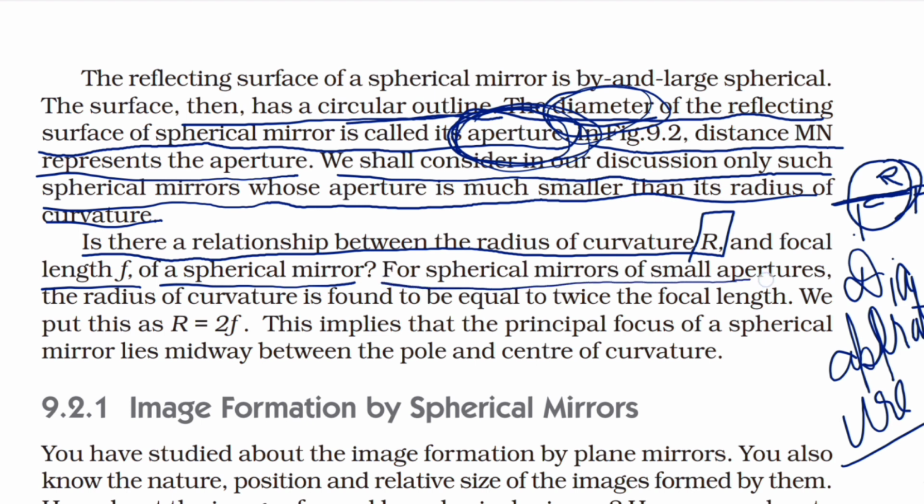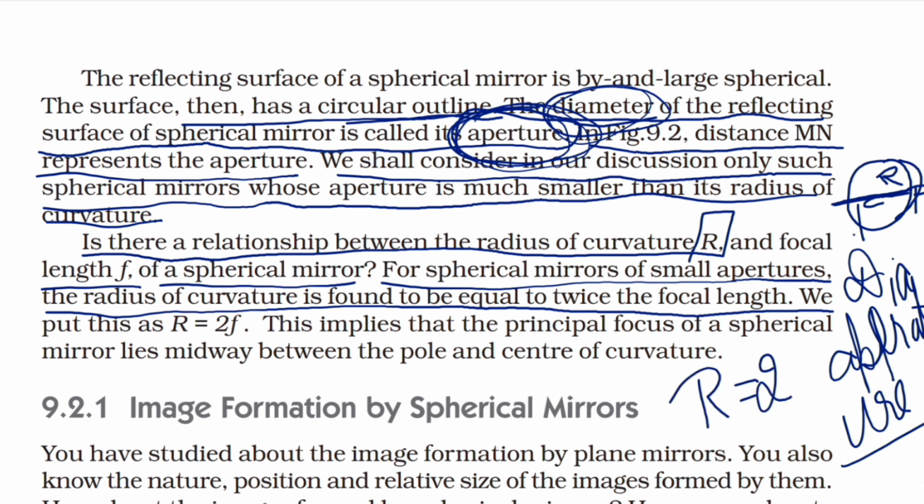For a spherical mirror of small aperture, the radius of curvature is found to be equal to twice the focal length. This is the formula: R = 2f.